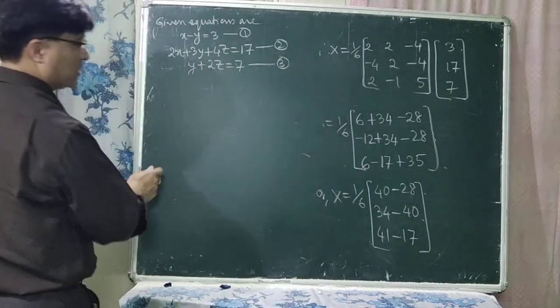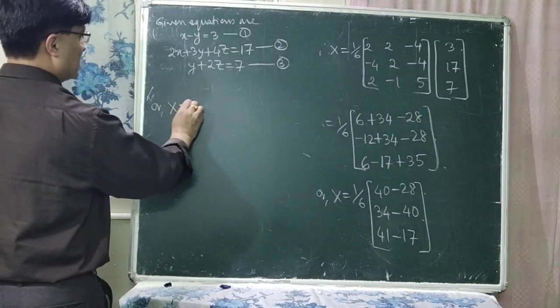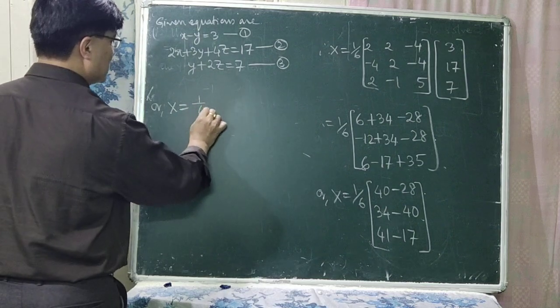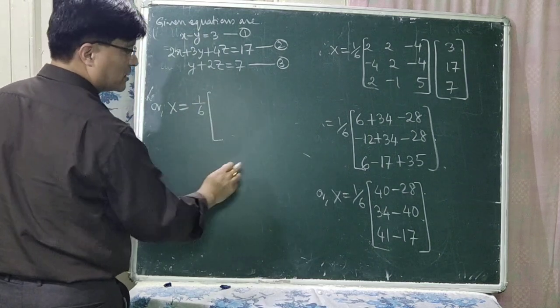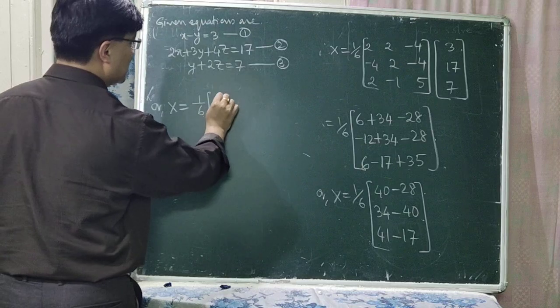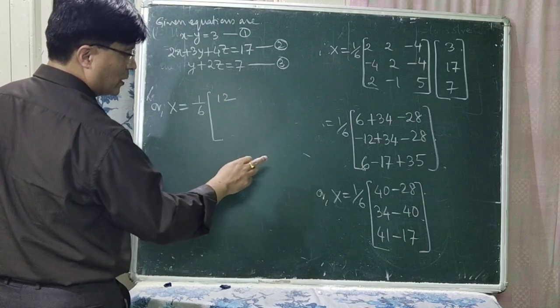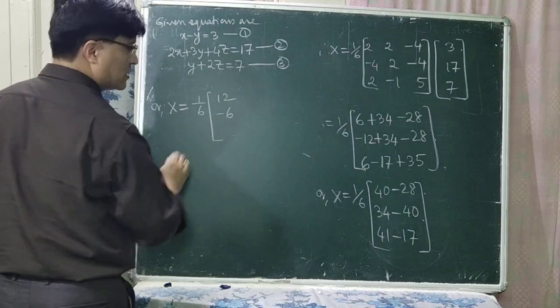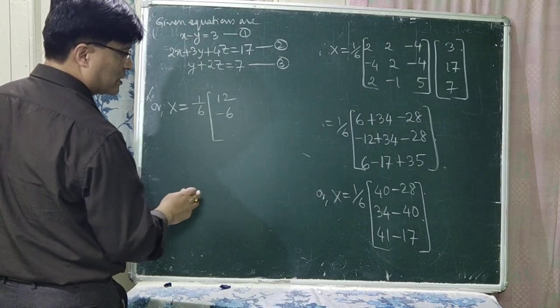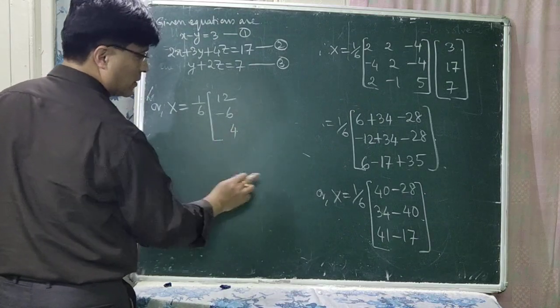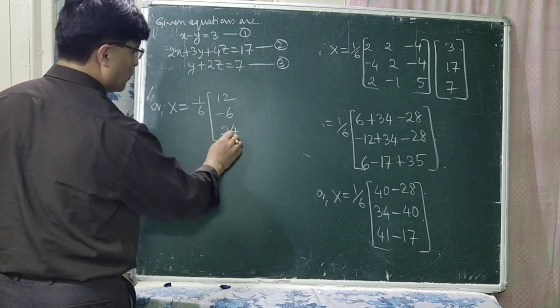So now capital X is equal to 1 by 6. What is 40 minus 28? That is 12. What is 34 minus 40? Minus 6. What is 41 minus 17? 24, right?